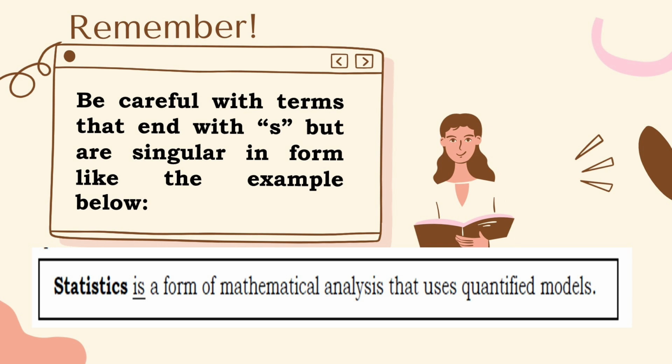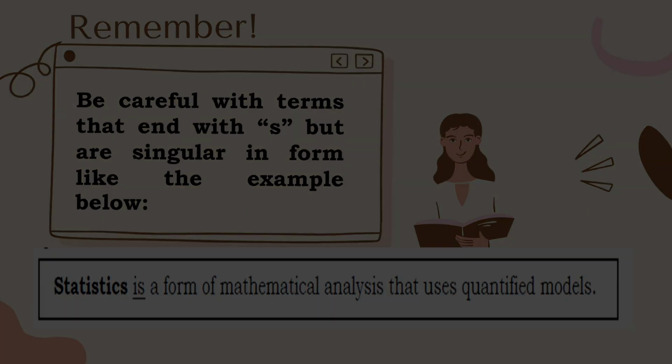That is a singular term. Therefore, we use is as the verb: a form of mathematical analysis that uses quantified models. Same goes with mathematics. So be careful with these kinds of words or terms.